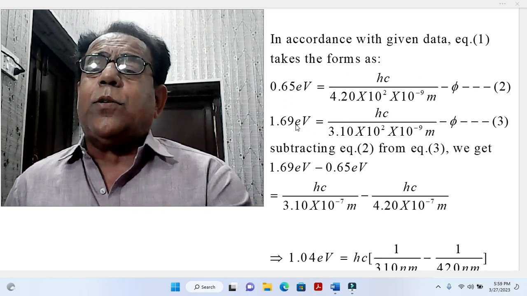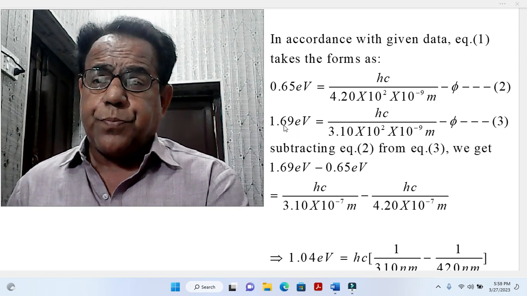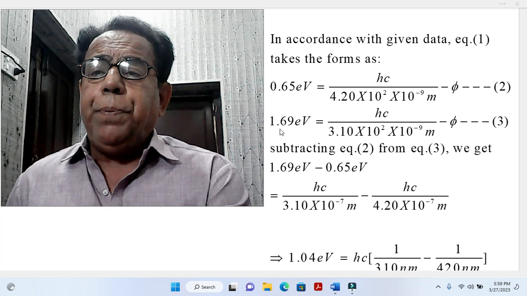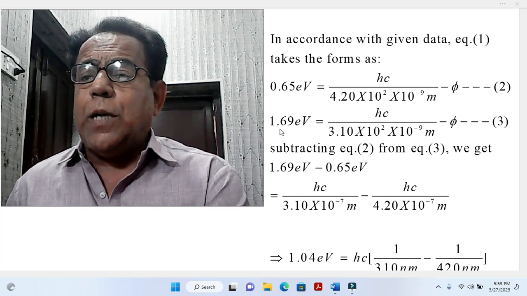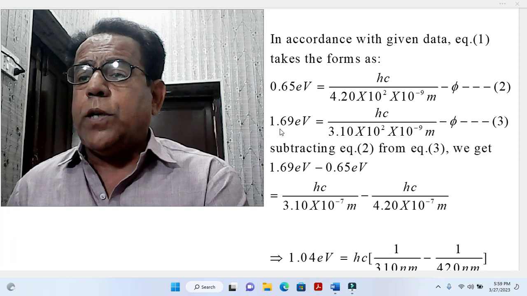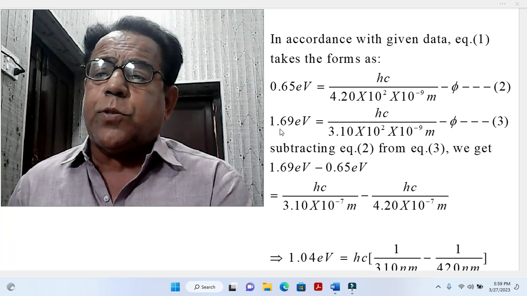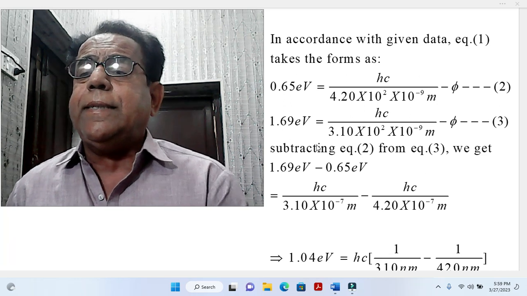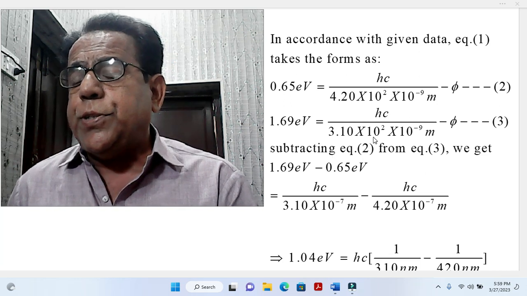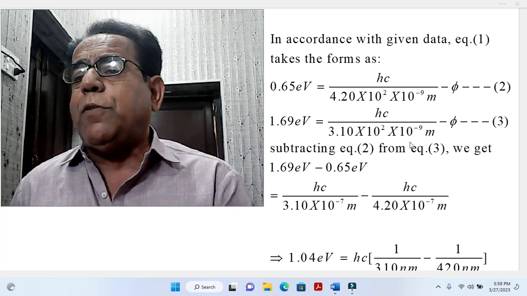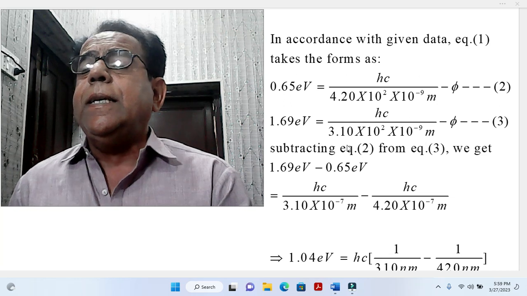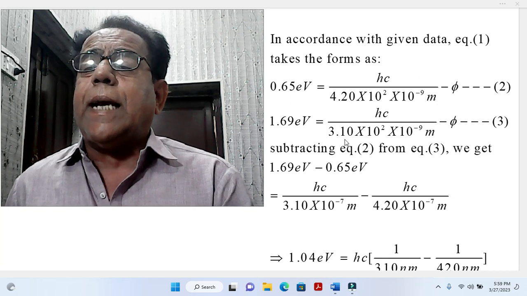Similarly, in the second set of quantities, the stopping potential has been provided as 1.69 electron volt, while corresponding to this stopping potential the wavelength given is 3.10 into 10 to power 2 into 10 to power minus 9 meter. This is equivalent to 310 nanometer.